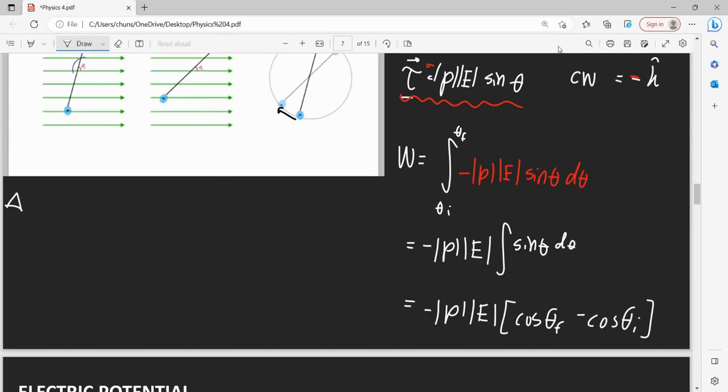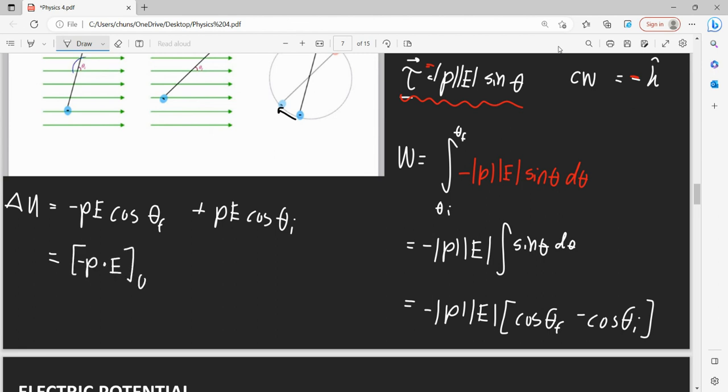So then for our electric potential energy, if we distributed our cos in there, this looks an awful lot like our dot product. So we can express this as plus at our initial.